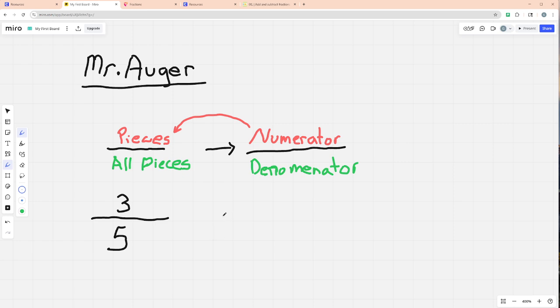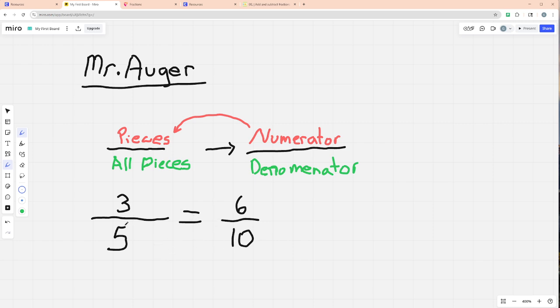Oh, what if we had something like 6 over 10? Well, they're not the same, right? Actually, they are. But the numbers are different. And you would be correct. These numbers are totally different. But why are they equal to each other?